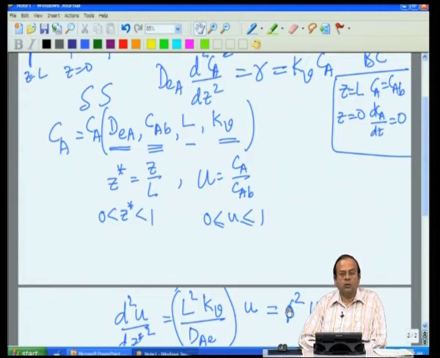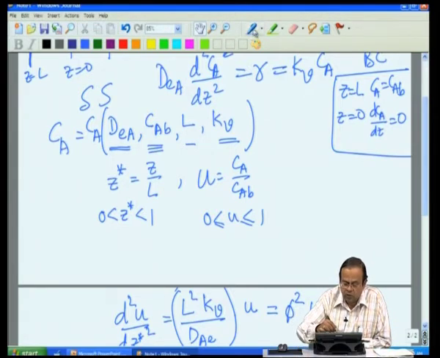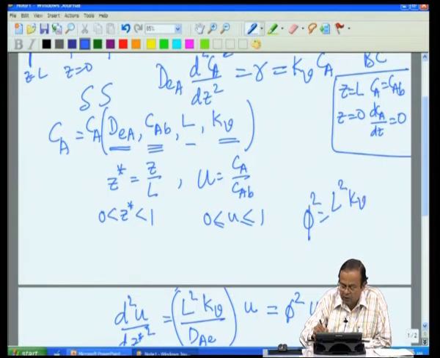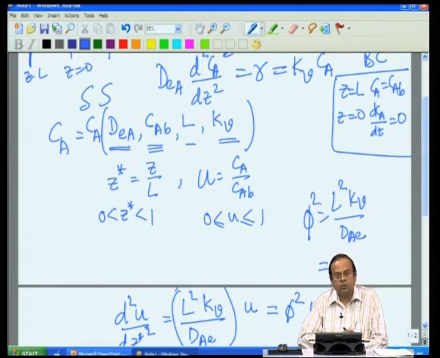Now you can see a clear advantage. Let me write my phi square over here: phi square is L square kV by dAe, and let us say its value is 1.